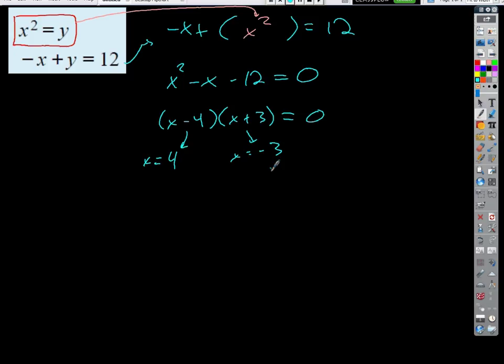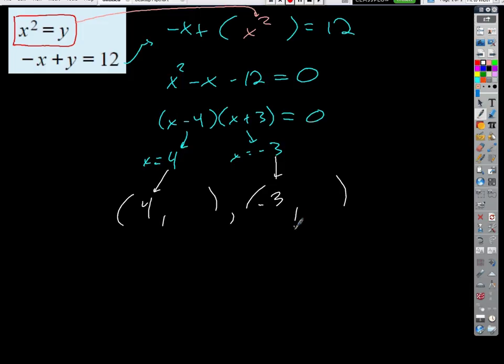But if you look at this system, there's two variables in there, right? So I need to solve for both of the variables. When I'm solving an equation or a system of equations, I need to find the values of all of the variables that make everything true, right? So I need y values also. So really what I'm going to do here is open up an ordered pair. And I know that the x coordinate is 4 there and negative 3 there, right?